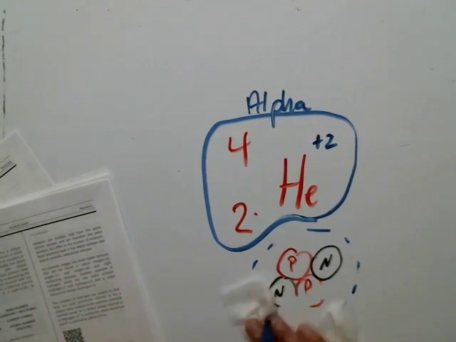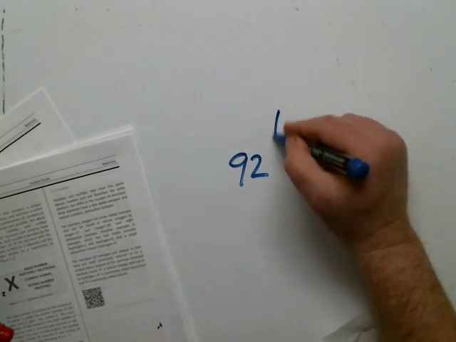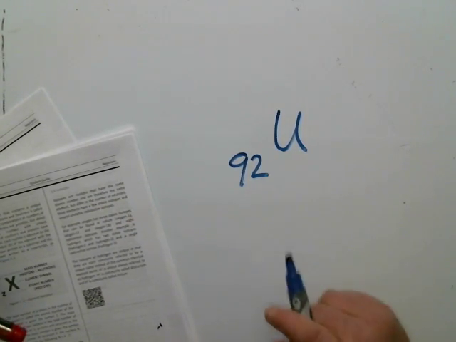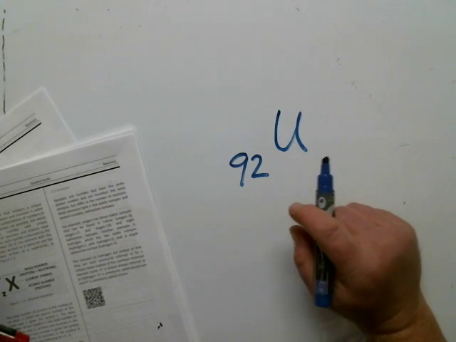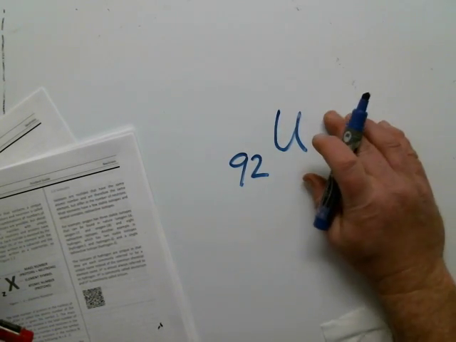Another point that we need to look at on this page. We're in section 1.6 now, isotopes. If I was to take 92 protons and I look up the symbol for that, I see that it's uranium. Any time I have 92 protons, I always have uranium, but I could have a different number of neutrons inside the nucleus.